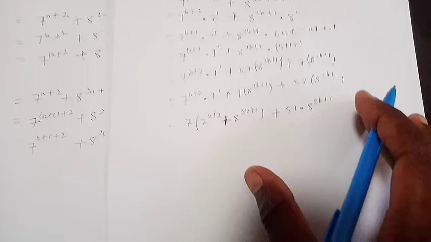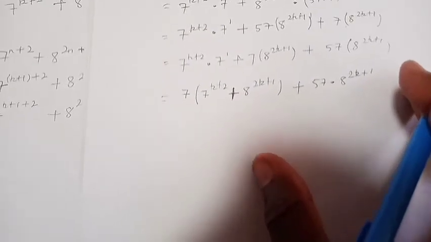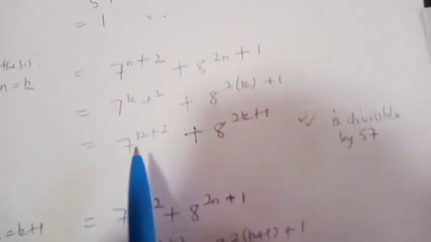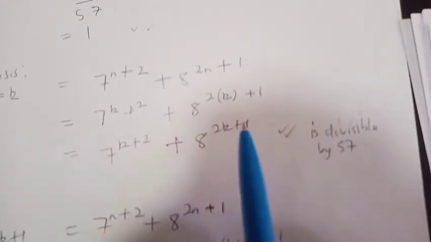If you take a close look at this expression, we have this expression here that is repeated again. This was from the second step, where we said n is equal to k. We also assumed that it is divisible by 57, and that was 7 to the power of k plus 2 plus 8 to the power of 2k plus 1.